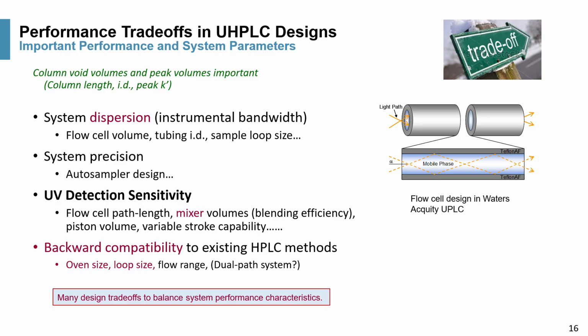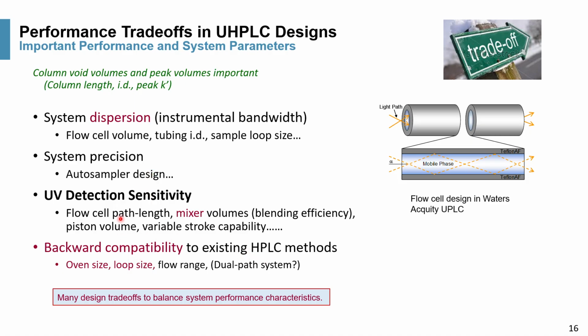This slide summarizes the performance trade-offs in UHPLC design. Consider instrumental bandwidth or system dispersion. System precision is highly dependent on autosampler design. Most of the modern autosamplers are made with a split loop, so precision really is not an issue.